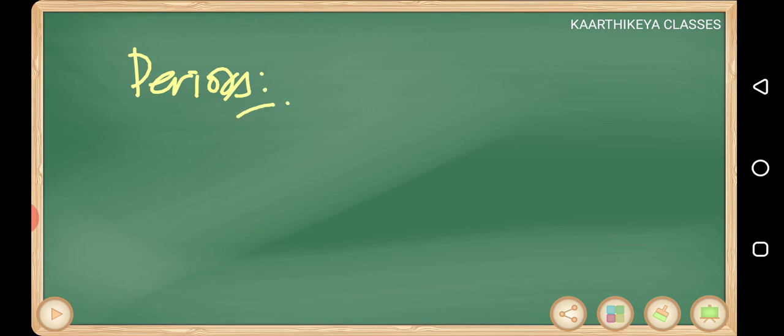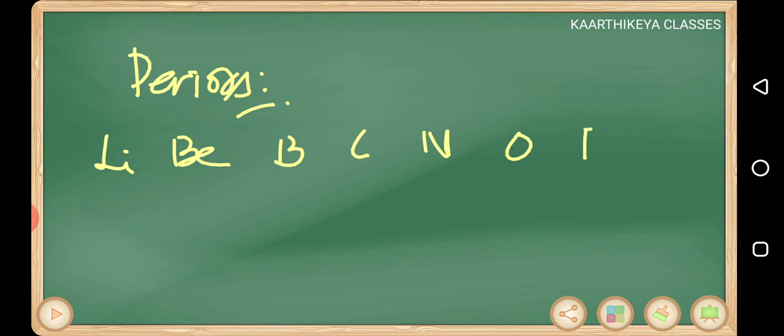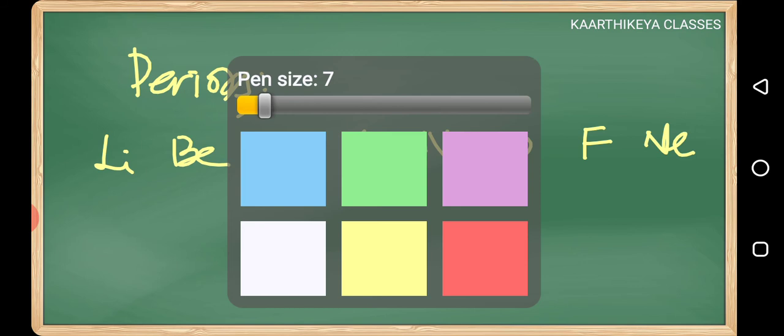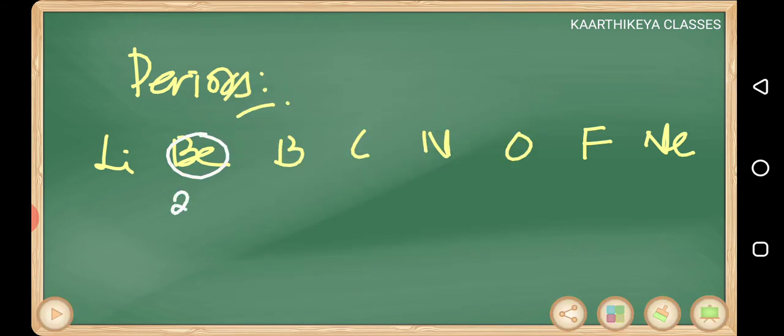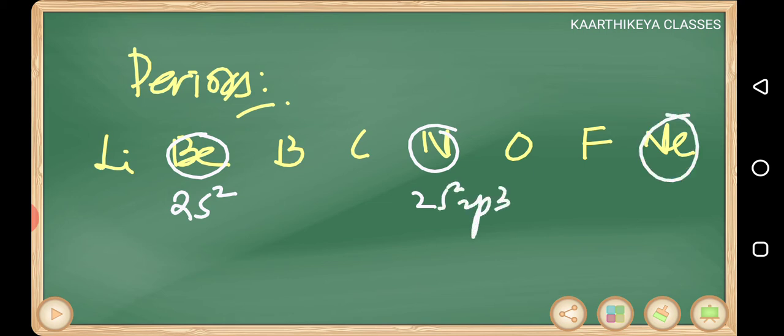Periods, if you see: lithium, beryllium, boron, carbon, nitrogen, oxygen, fluorine, and neon. The speciality of this is that beryllium has 2s2 electronic configuration, nitrogen has 2s2 2p3 configuration, and neon has 2s2 2p6 configuration.